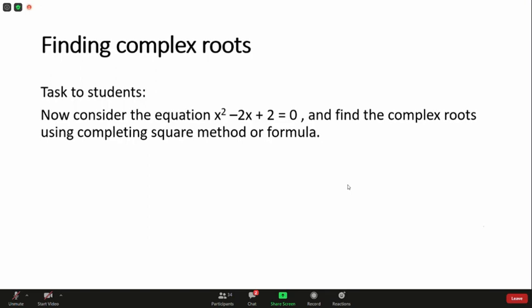So this is the kind of interactive session. Those who have completed, tell me the answer. Do we need any more time? Nobody responds. x equals 1 + j or x equals 1 − j.